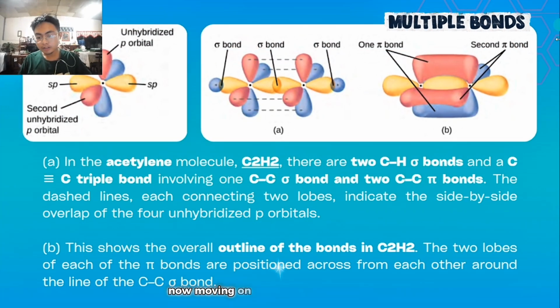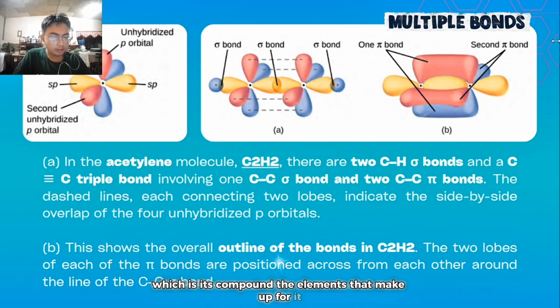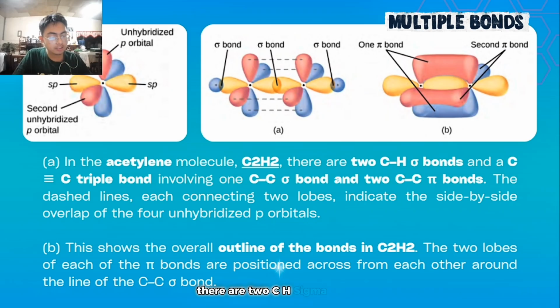Now, moving on, in the acetylene molecule, which is basically still ethene, C2H2, which is its compound, there are two CH sigma bonds and a C triple bond involving one C sigma bond and two C pi bonds. Now, where can you look for these?